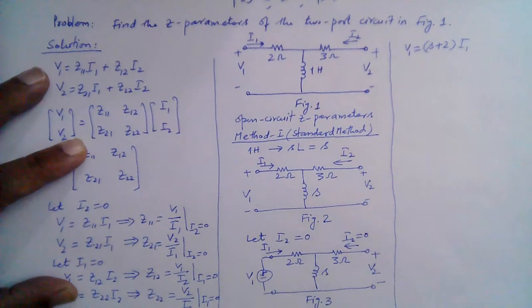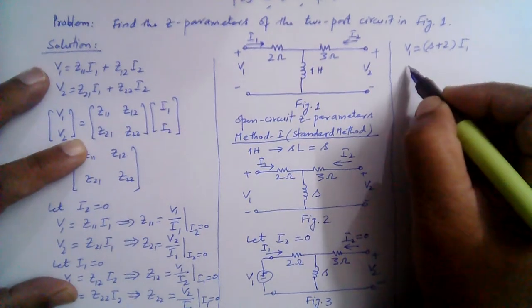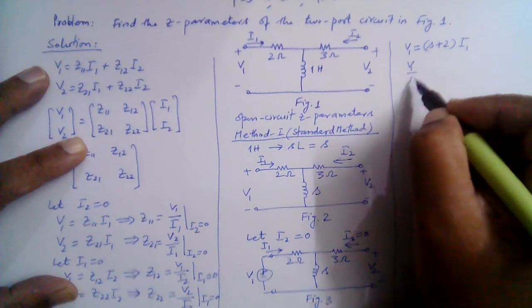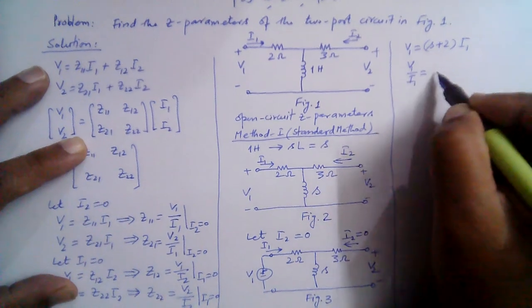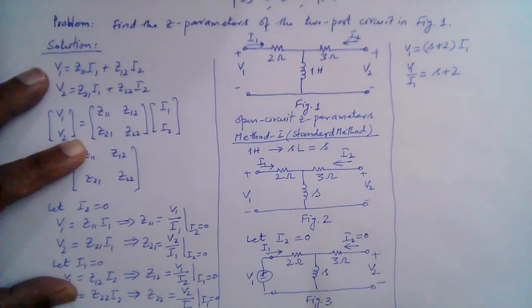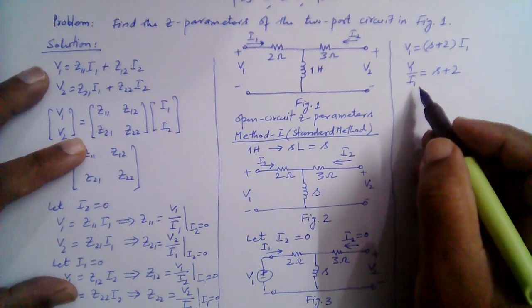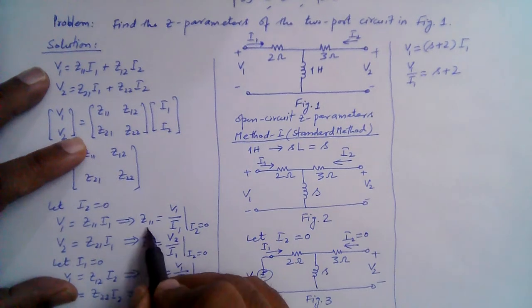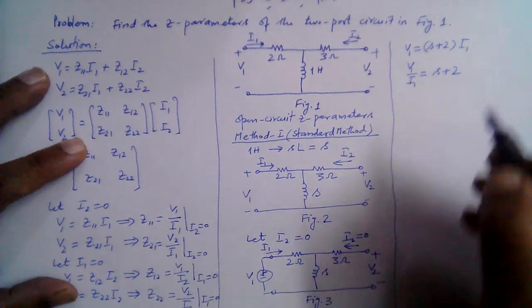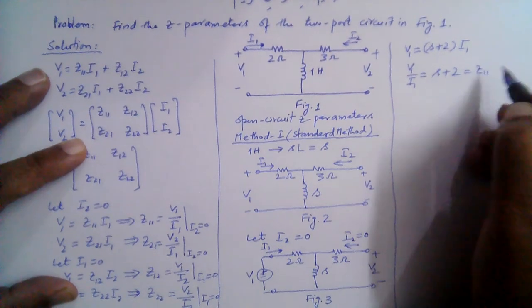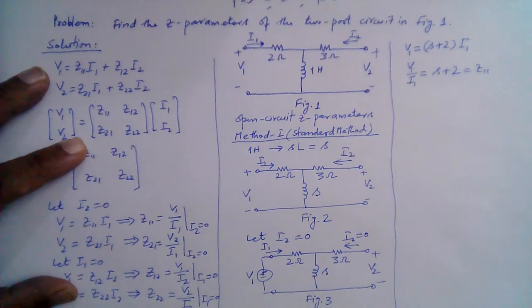In other words, V1 divided by I1 is equal to S plus 2. But V1 divided by I1 is our Z11 when I2 is equal to 0. So this is the parameter Z11.